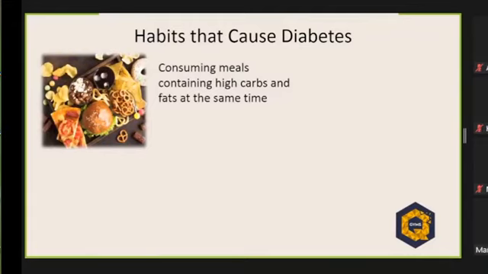Consuming meals containing high carbs and fats at the same time. Consuming meals with high carbs by itself could be problematic, but it's not nearly as problematic as mixing high carbs and high fats at the same time, because the fats will basically form a layer around the cells and make it more difficult to take up glucose from the blood. That will make our body produce more and more insulin.